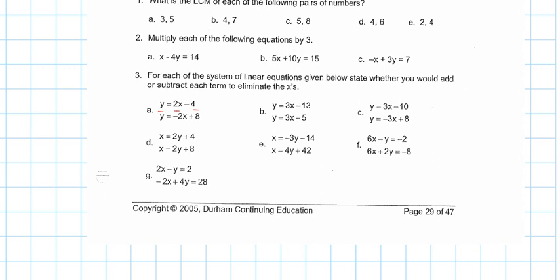Okay. So G, which letter would you get rid of, X or Y? X, right? Because they have the same coefficient. And what would you do? Plus, right? Because they have opposite signs, right?